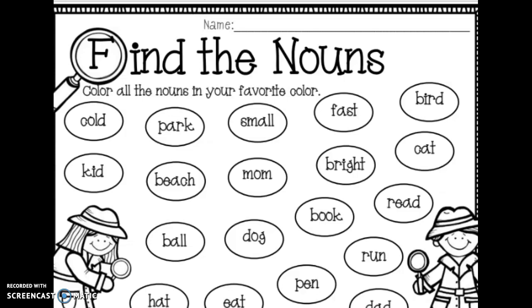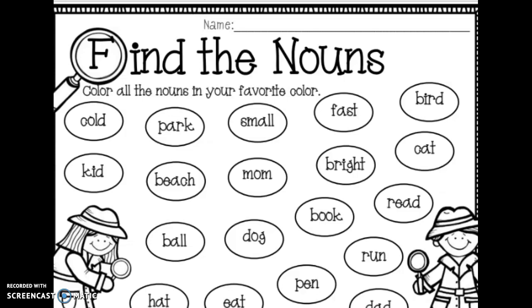So I see the word park, and park is one of those words that depending on how you use it, it could be a noun or a verb. But if we're talking about it being a noun, you might want to say, I like to go play at the park. I also see the word bird.